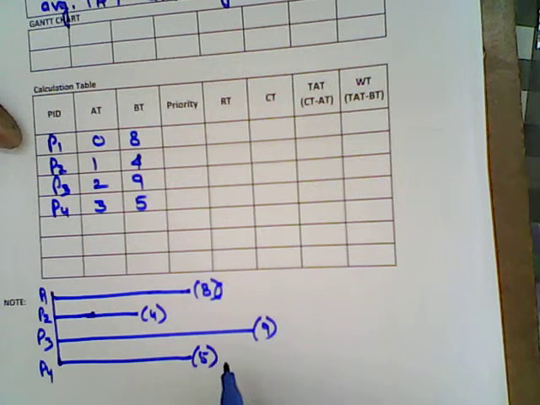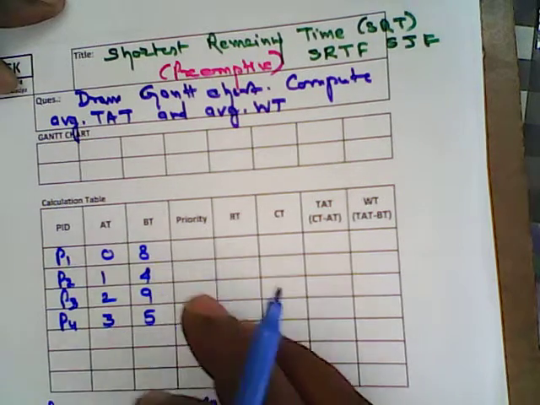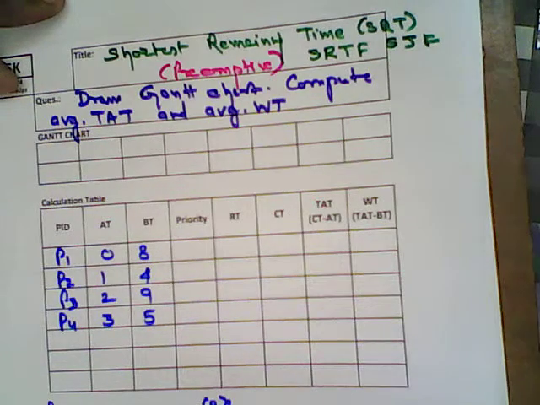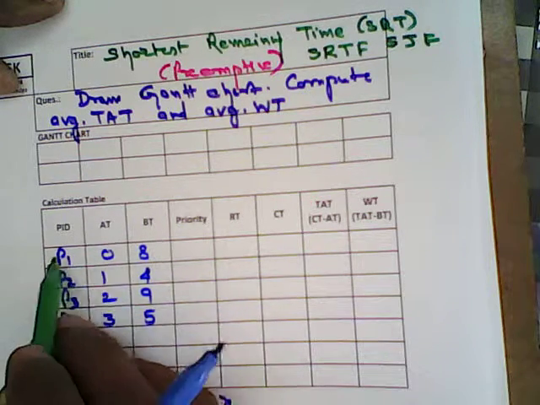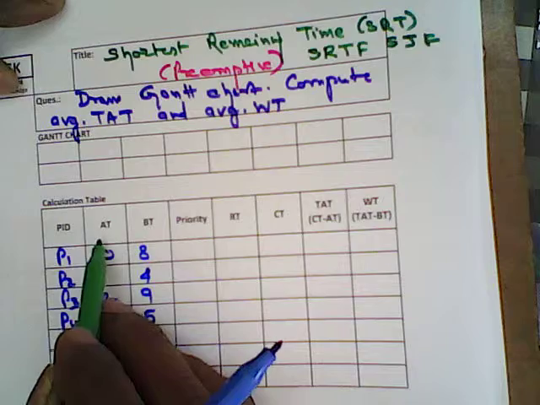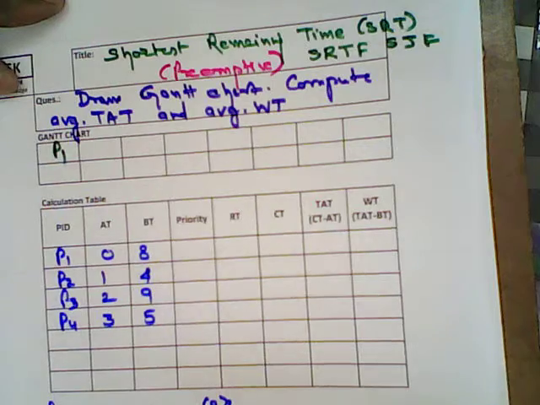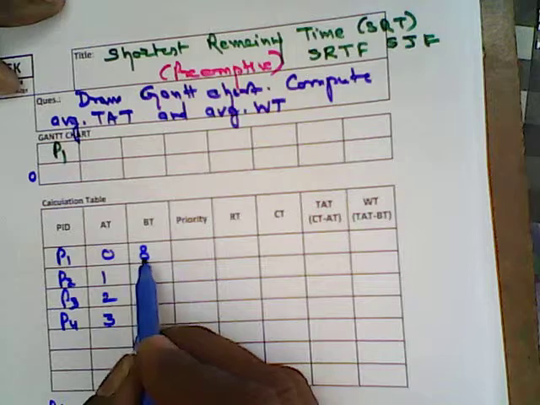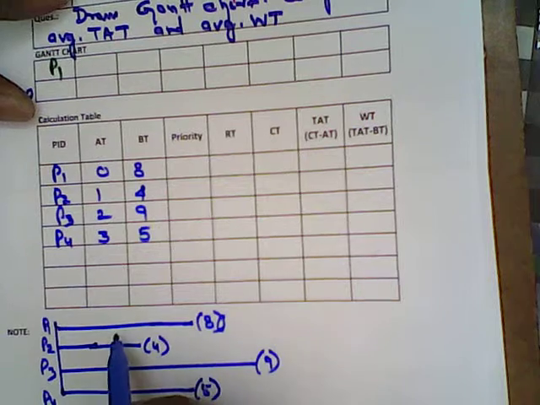Now here you have to see how we are going to put the Gantt chart based on the table. Assume the common condition that whenever a process arrives, process P1 arrives at 0 arrival time, so we will put the first process P1 here. Instead of running for 8 units of time, we will try to take a process not with the lowest burst time.